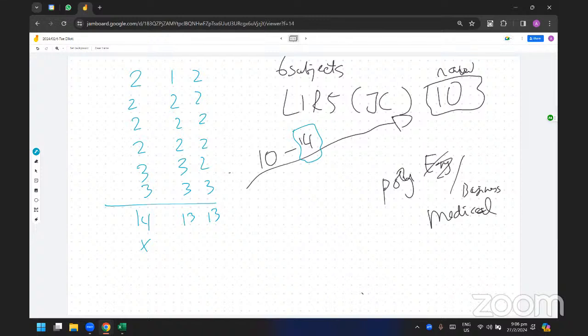Is this communicating to you that you want to go to JC, can, but you choose to go to Poly? Yeah, I guess. Okay, then your range, first thing first, is not 10 to 14, it's 10 to 13. 14 doesn't count. So far so good? Okay, so let's ignore 14 for now.